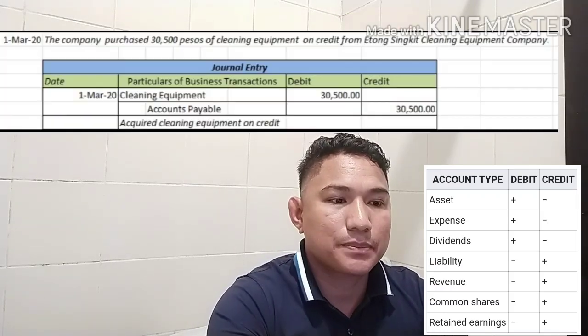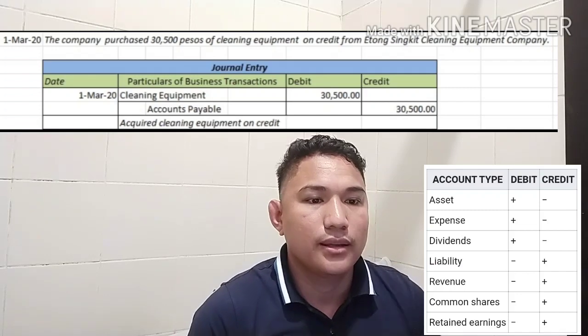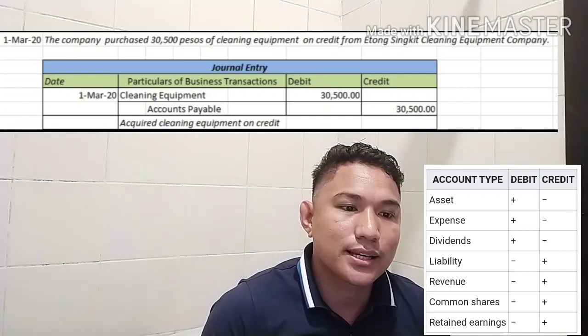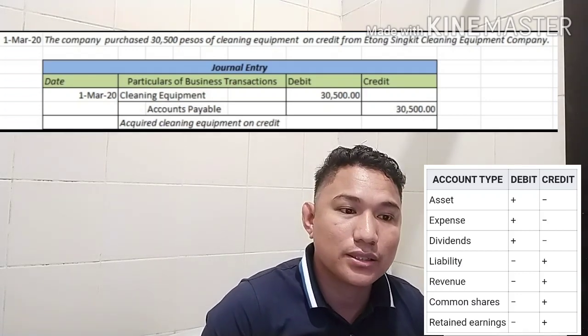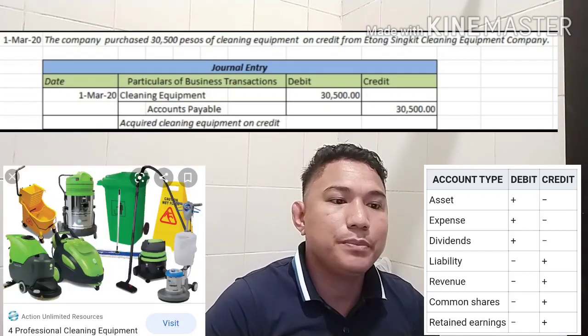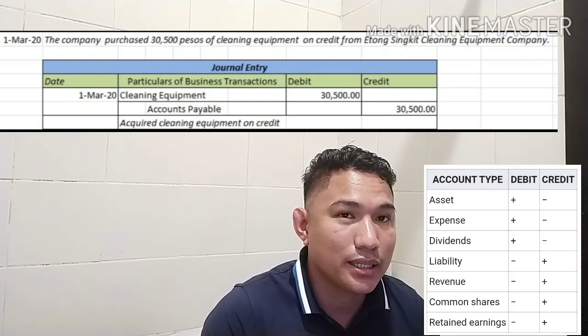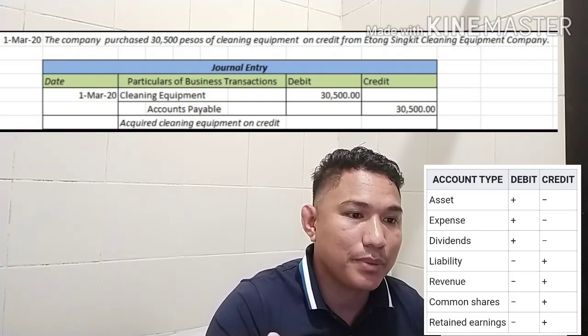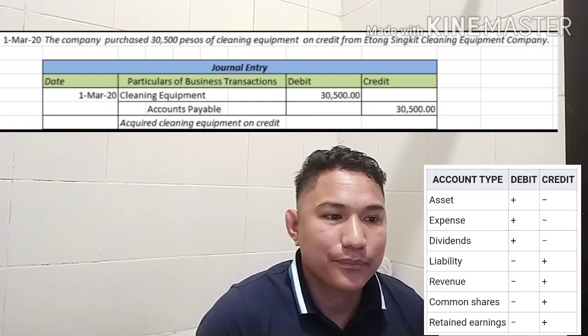Next, let's proceed with the second transaction. The company purchased 30,500 pesos of cleaning equipment on credit, meaning you did not pay. You have an obligation to pay to Etong Singkit Cleaning Company.